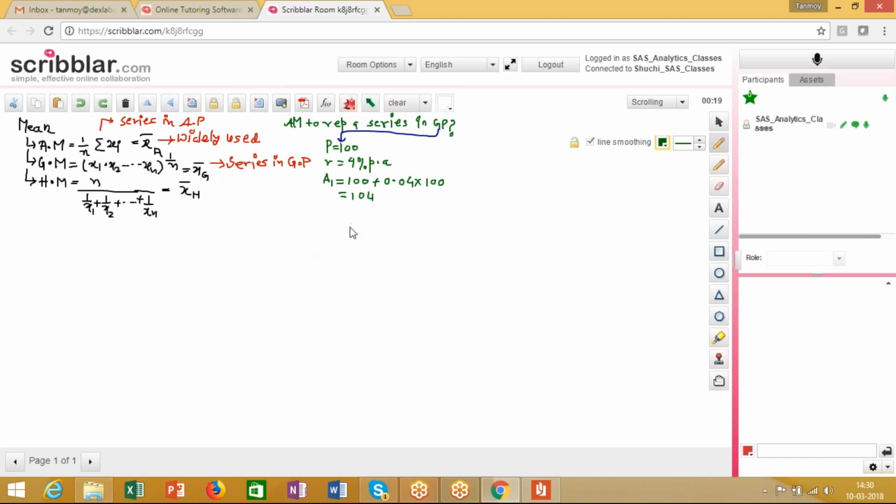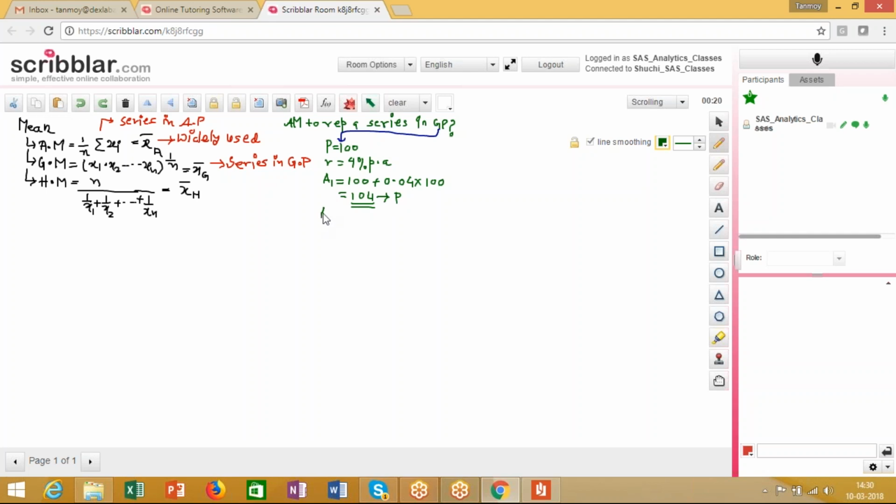Now, I also want to know that at the end of the second year, if the same story continues, what is the amount that I will have? When the second year begins, this 104 becomes the principal, and you get another rate of interest of 4%.